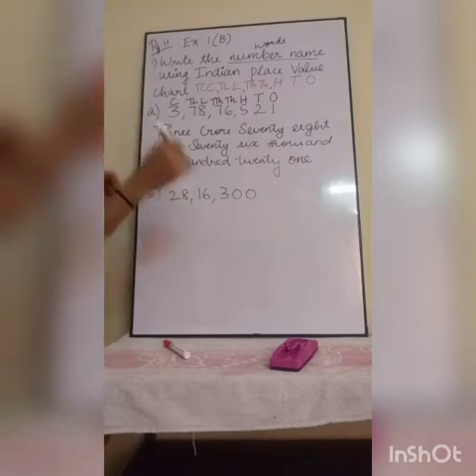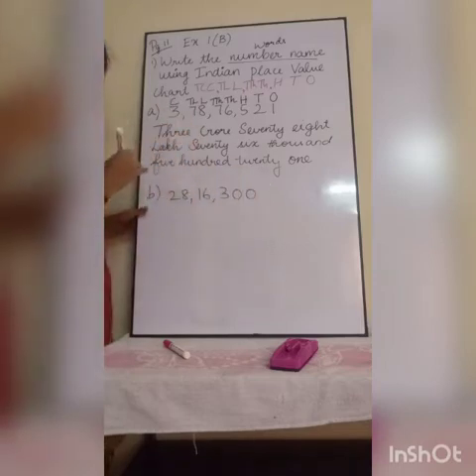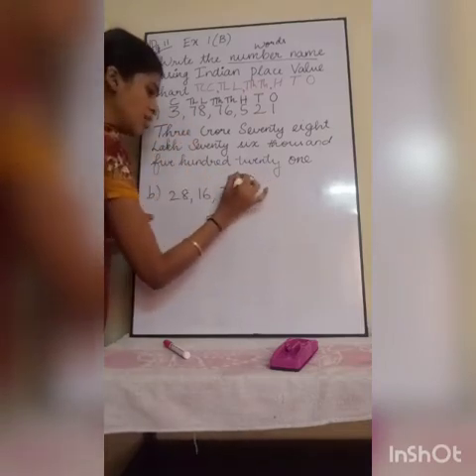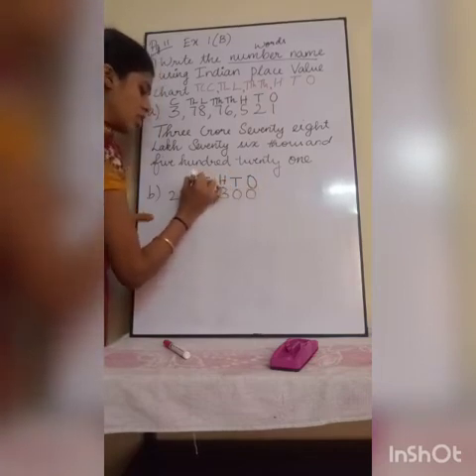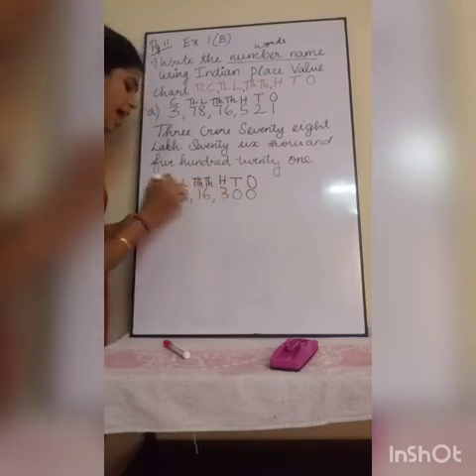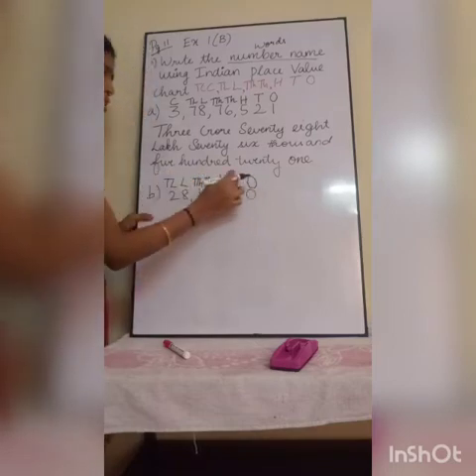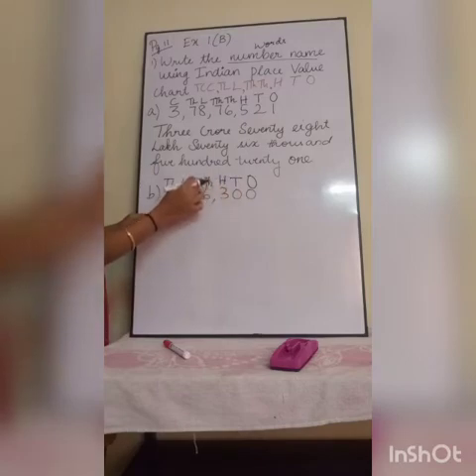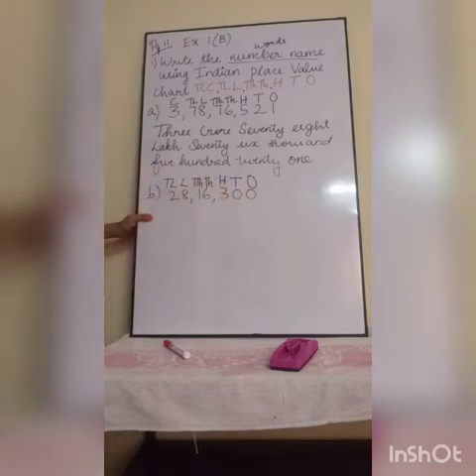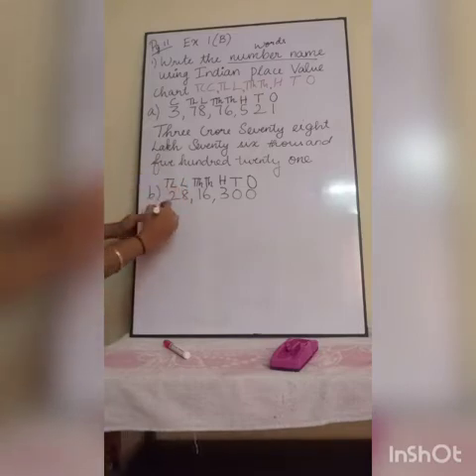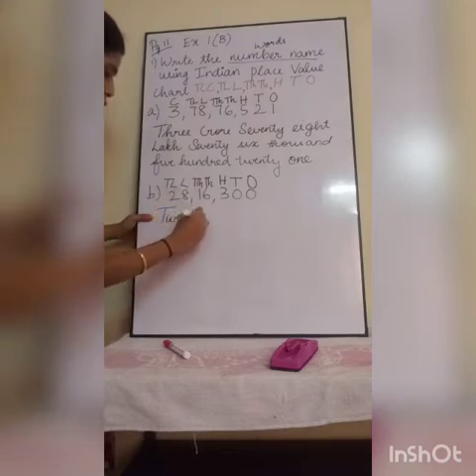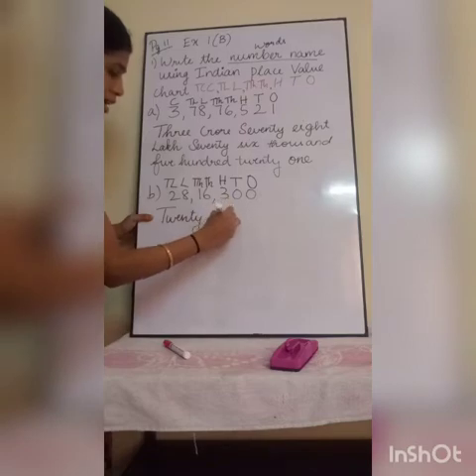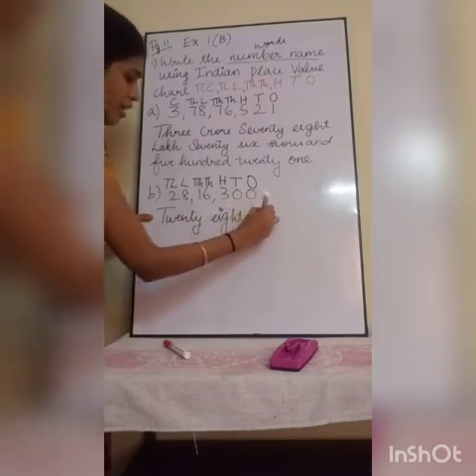Next is your B question. What you have to do is write the place value above this number: ones, tens, hundreds, thousand, 10,000, lakh, 10 lakh. Now I am going to write the number name. Number name means you write the number in words.